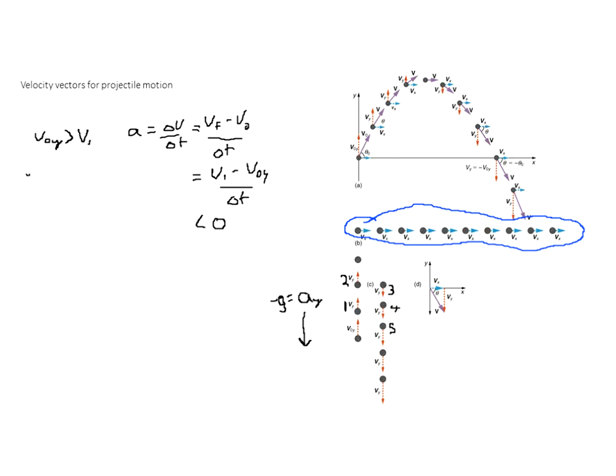So V5 is longer than V3, but V5 is a negative number, a big negative number. V3 is a little negative number. So this is A for this case right here. Let's look at another example. So this is A 0 to 1. Let's look at A 3 to 5.